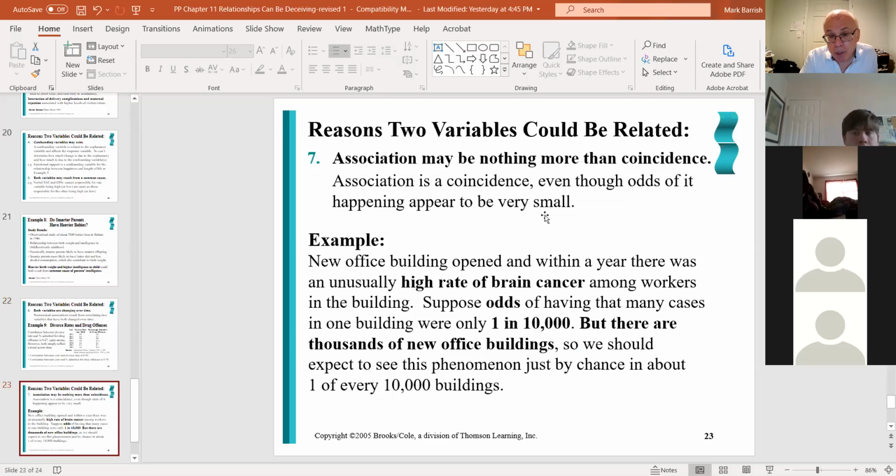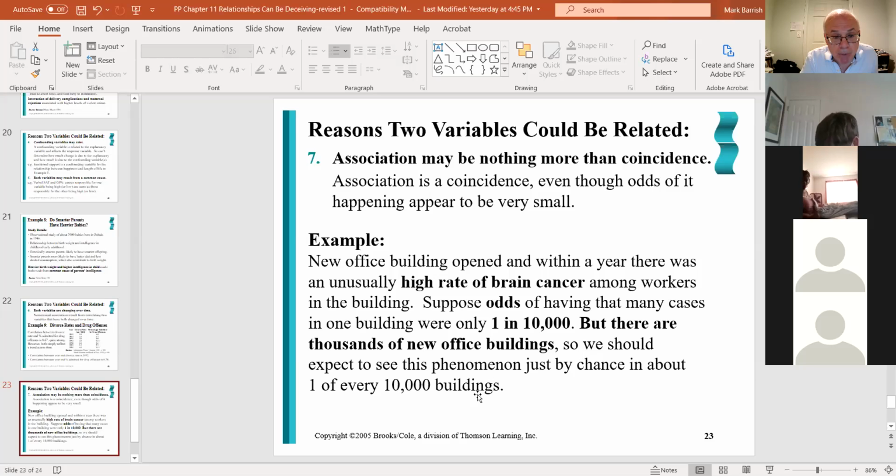And then coincidences, right? All right, a new building, here's an example here. A new building opens up, and within a year, there's an unusually high rate of brain cancer among the workers in the buildings. Suppose the odds of having that many cases in a building is 1 in 10,000. But there are thousands of new office buildings.